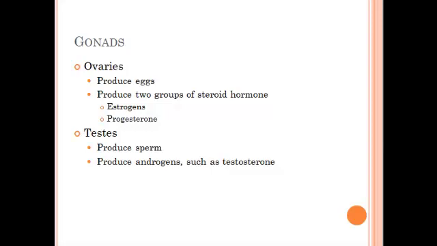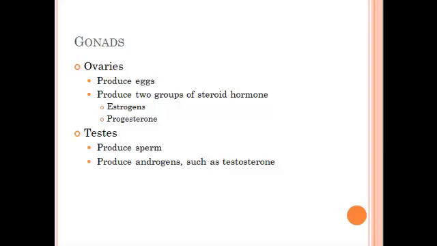The androgens are important in producing secondary male sex characteristics and sperm. The estrogens and progesterones are important in the release of the egg and the menstrual cycle, lactation, breast development, and the secondary female characteristics as well. And we'll see more of these when we talk about the reproductive system a little bit later in this class.